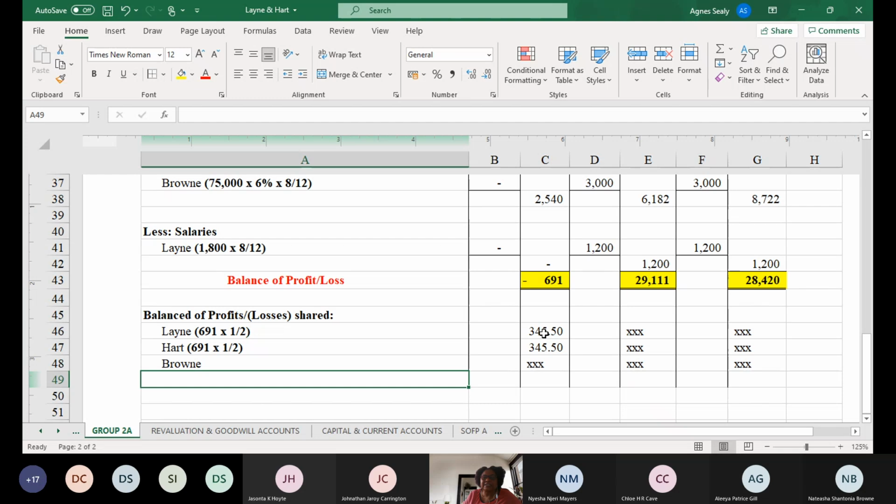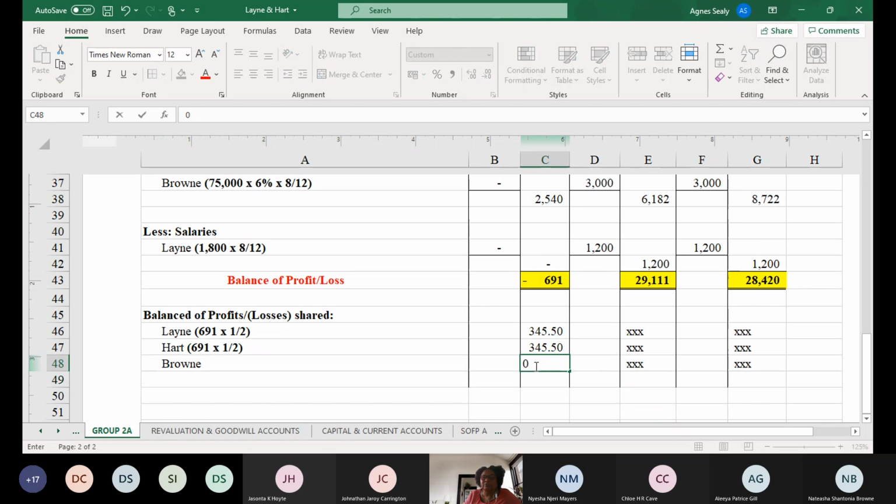Right. So this is Layne, and obviously Brown is 0, right? So then when we sum here, we get 691. All right, nice number, 691. That is what it was. Matter of fact, I did not put the negative sign in front of it.